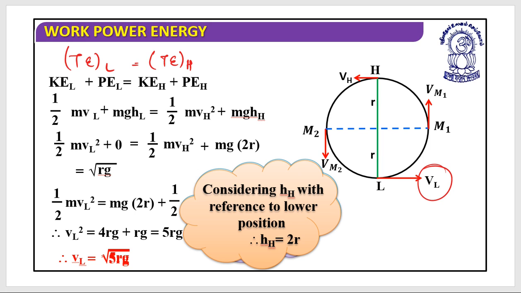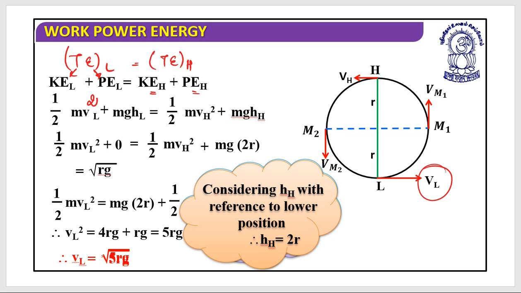While I say total energy, I mean kinetic energy plus potential energy. So this is kinetic energy at L plus potential energy at L, equal to kinetic energy at H plus potential energy at H. So this would be half mvL square plus mgh at L equals half mvH square plus mgh.